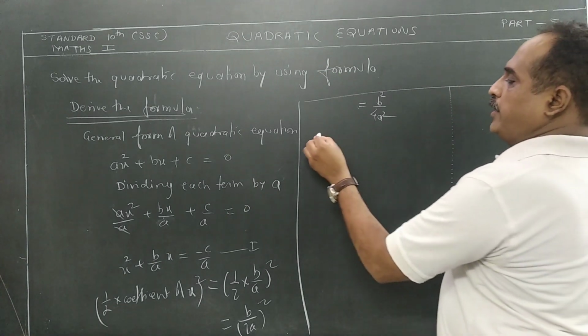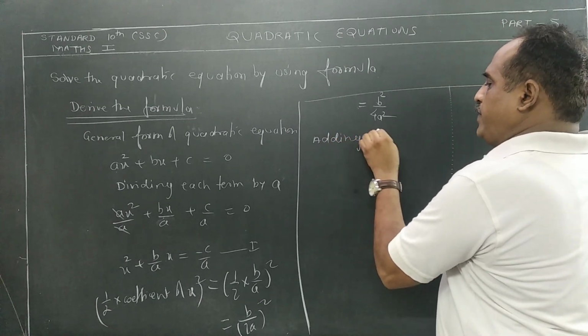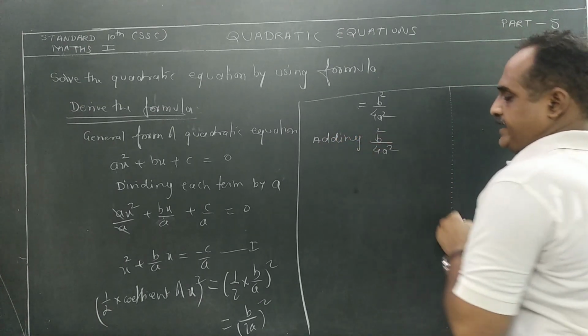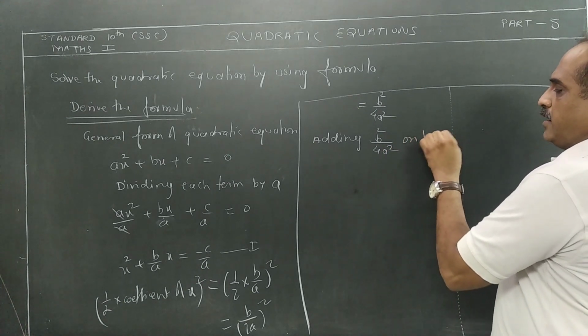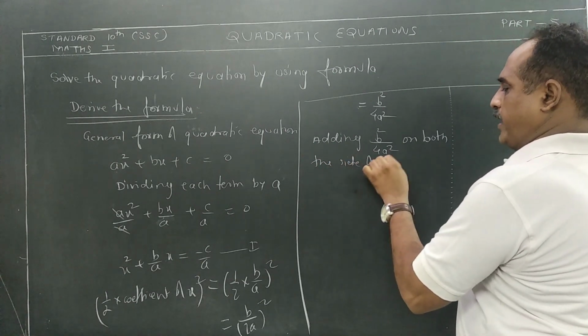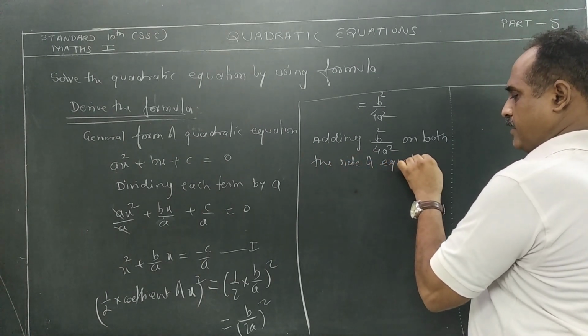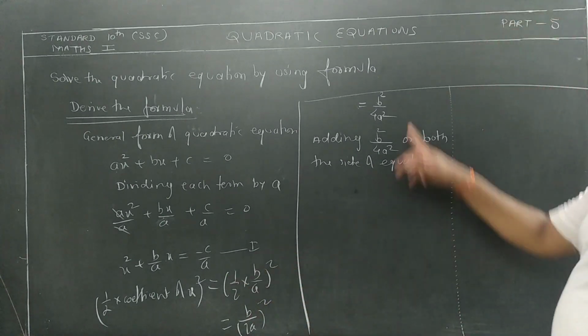So what I am going to do is adding b square by 4a square on both the sides of equation 1. So what is equation 1? This is equation 1. We are going to add this.